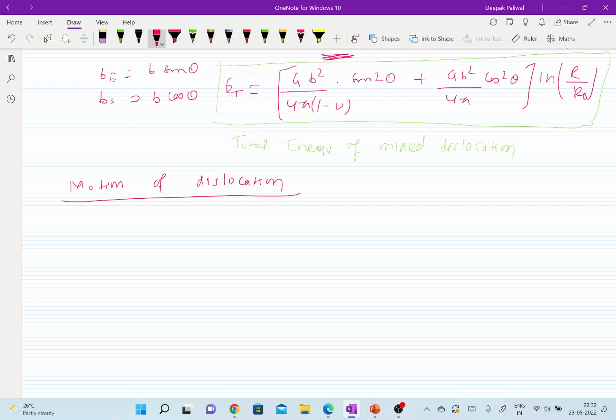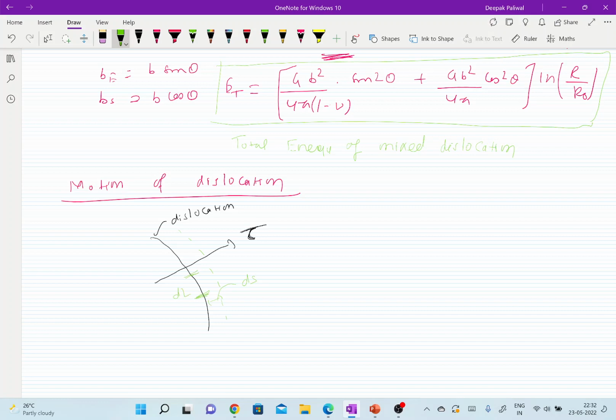Okay, so in order to understand, let me draw a line segment which I am calling a dislocation. When we apply a force, or a stress tau to be precise, let us consider this dislocation line moves by a unit distance ds, and we are considering only a line segment which has unit length dl.